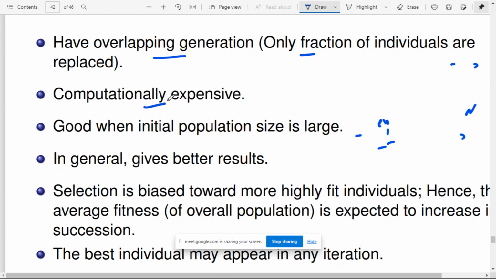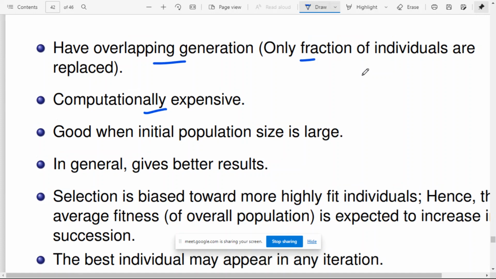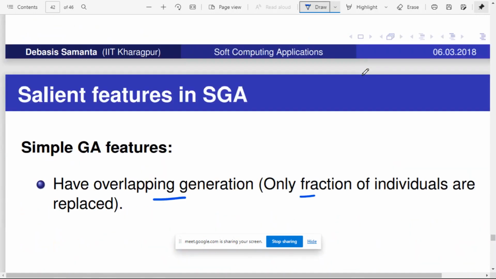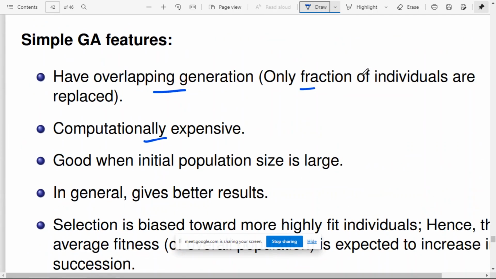It is computationally expensive because we have to perform many operations. You have to identify NP individuals, and for all the NP individuals you have to perform crossover, mutation, and inversion.